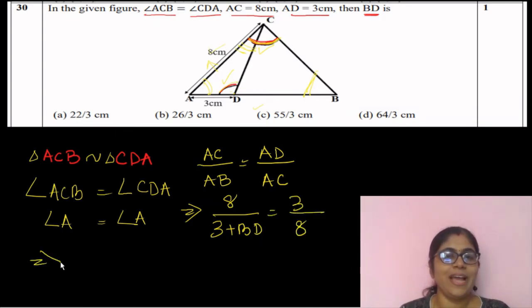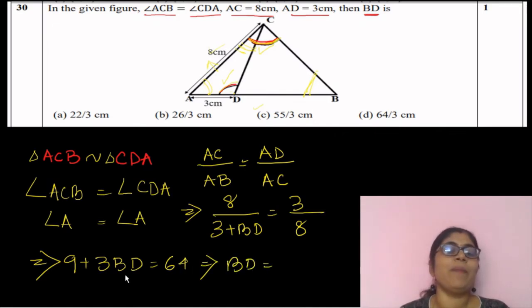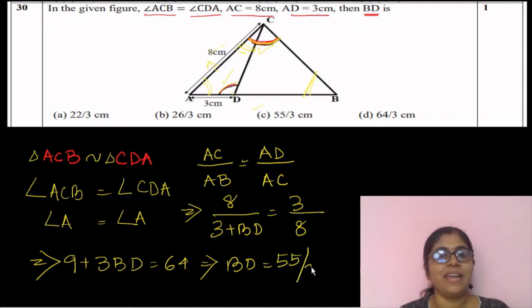So this implies that 9 plus 3BD equals 64, implies that BD is equal to 64 minus 9, that is 55 by 3. So option C is the right answer.